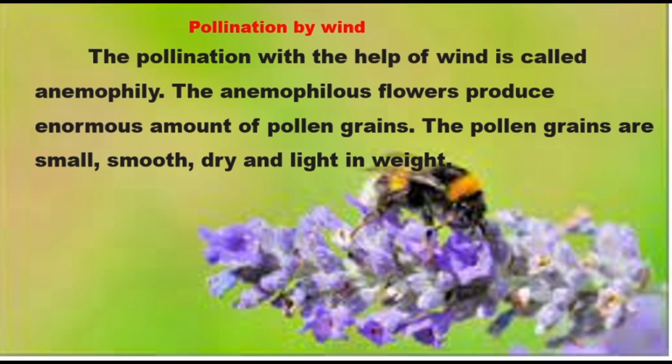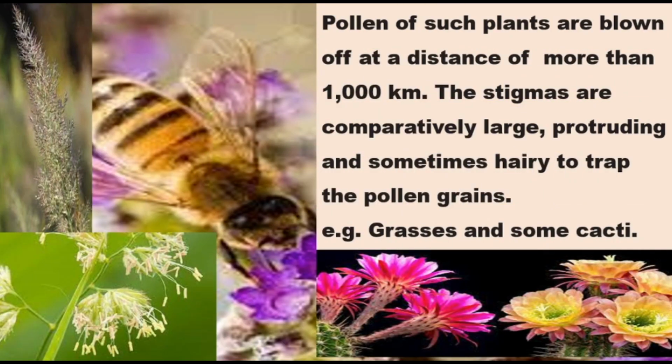These are also characters of the pollen grains. The pollen grains may be carried more than 1,000 kilometers by the wind. The stigma is also large in size, above the plant, so it easily catches the pollen grains.